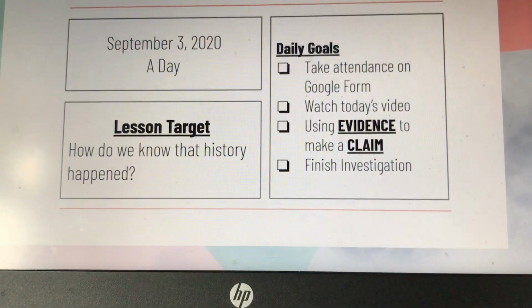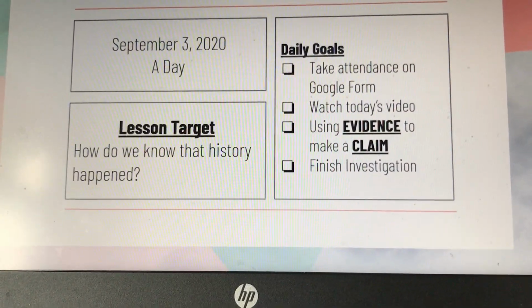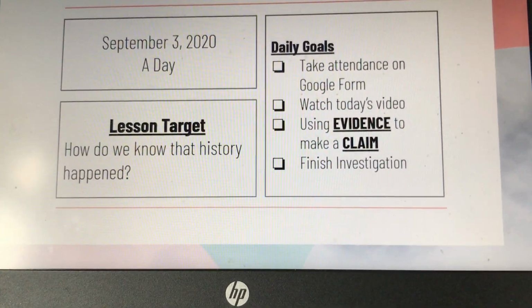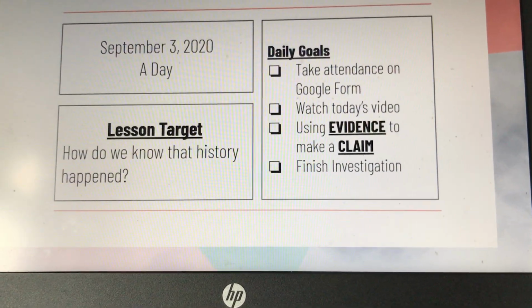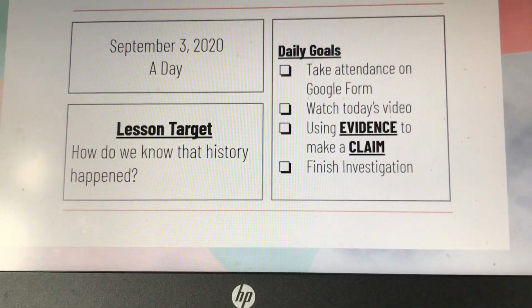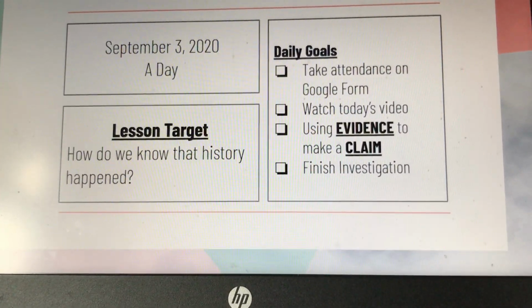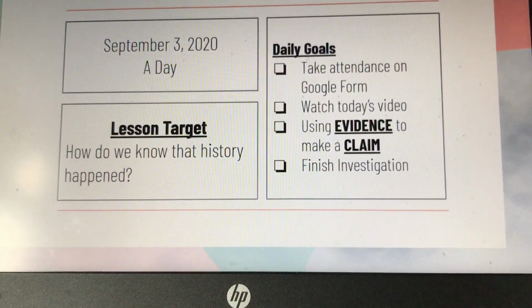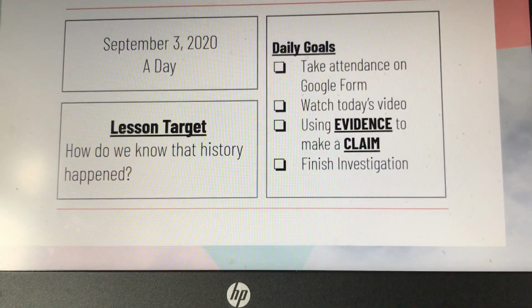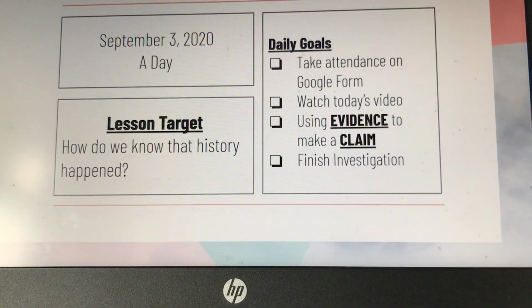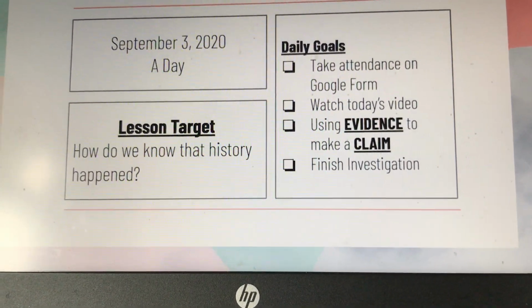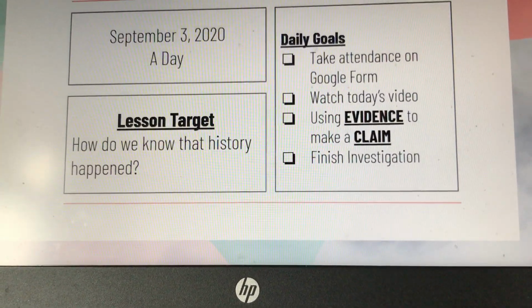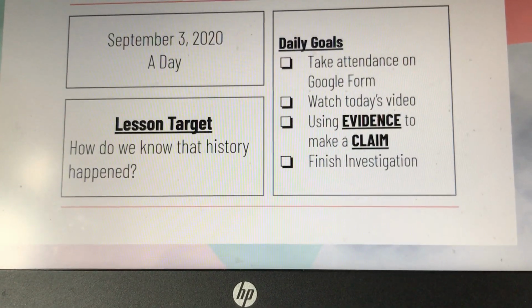As we start this part of social studies, we are talking about a time period called prehistory. Prehistory is history before the invention of writing. It's very difficult to look at a painting and know exactly what the purpose is because there's not an artist statement that says what the purpose is.